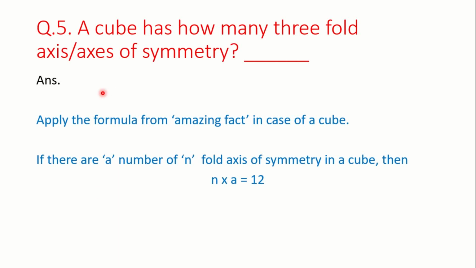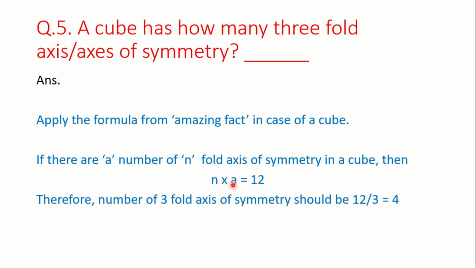So you are asked here how many threefold axes. So the value of N is 3. Then what is the value of A? Now the value of A is 12 by 3 equals 4. So number of threefold axes is 4. The correct answer is 4.